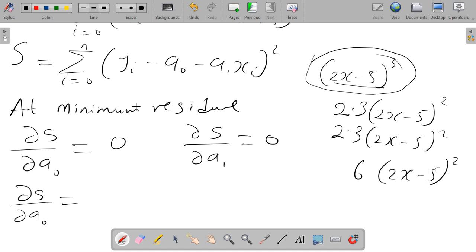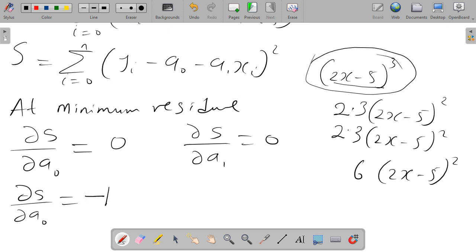So the same thing we are going to do here. If we differentiate this bracket with respect to a naught, there is no a naught here, so this is gone, 0. There is no a naught here, 0. There is a naught here, so it's going to be minus 1. Differentiating the bracket, I'm having minus 1 here.